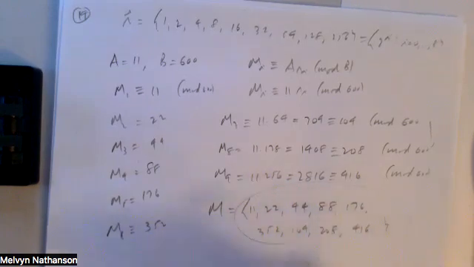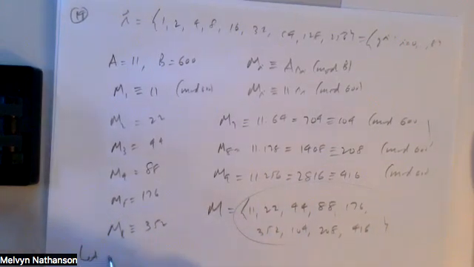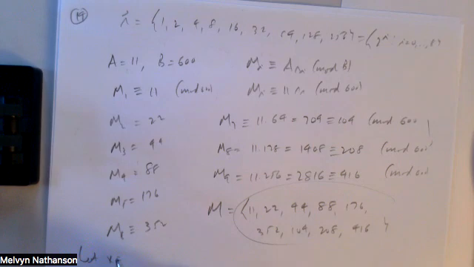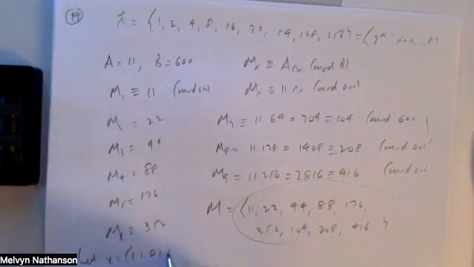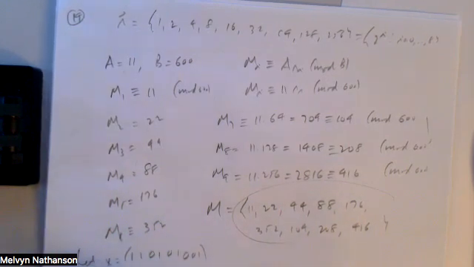Suppose we choose the plain text X to be the binary sequence 1101010001. So this is the sequence M, and the order matters.